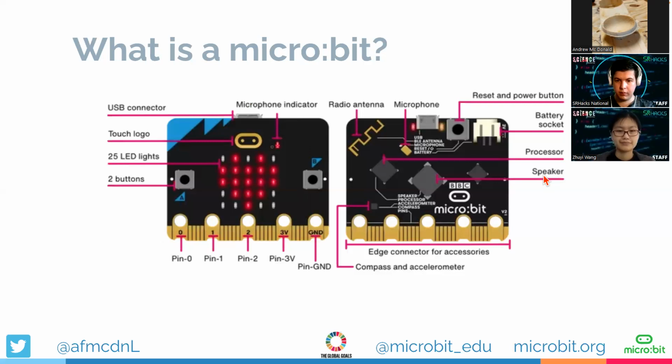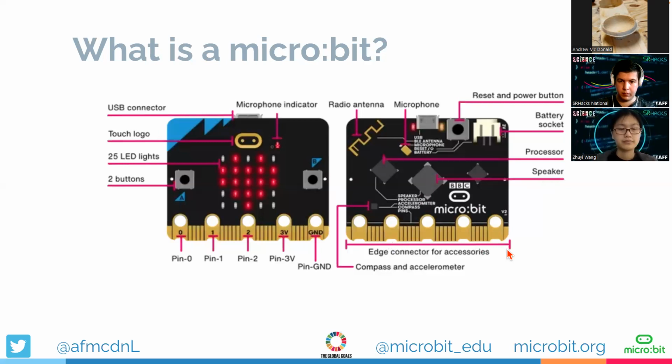We think about inputs and outputs on a computer. Well, this is just a very small microcomputer, is what we often refer to it as. So what does that mean in terms of some of the outputs that we have? A speaker, as well as the lights, and then some of the inputs.